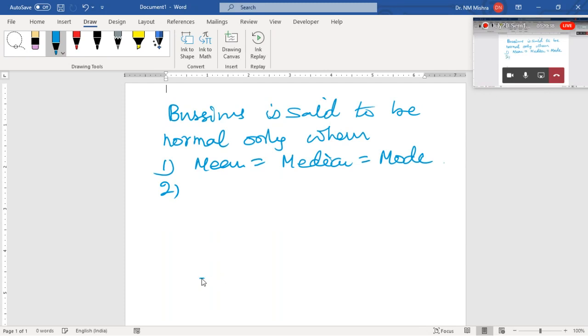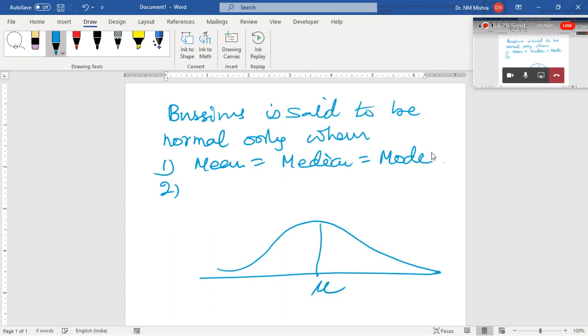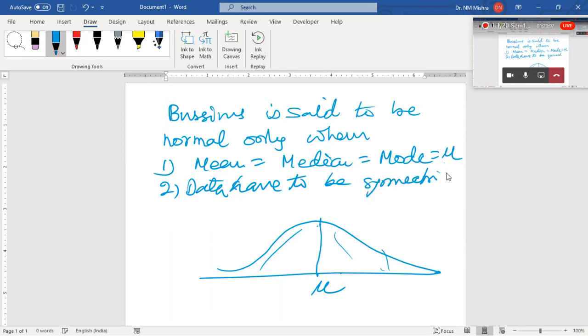Number 2, here is the normal business graph. Mean, median, mode are at the same point, equal to mu. Data is symmetrical on both sides. Number 2 condition: the data set has to be symmetrical.